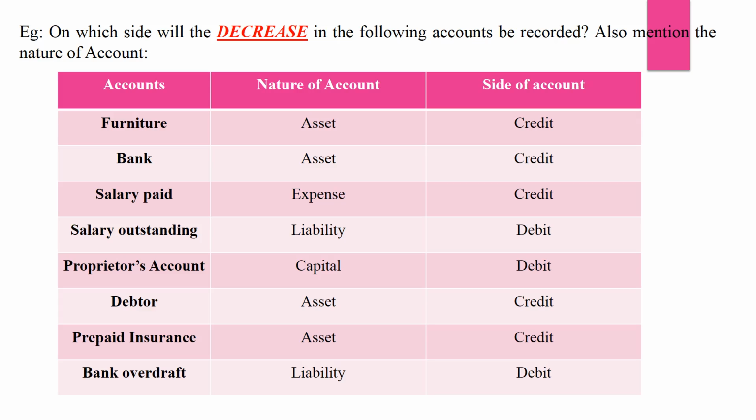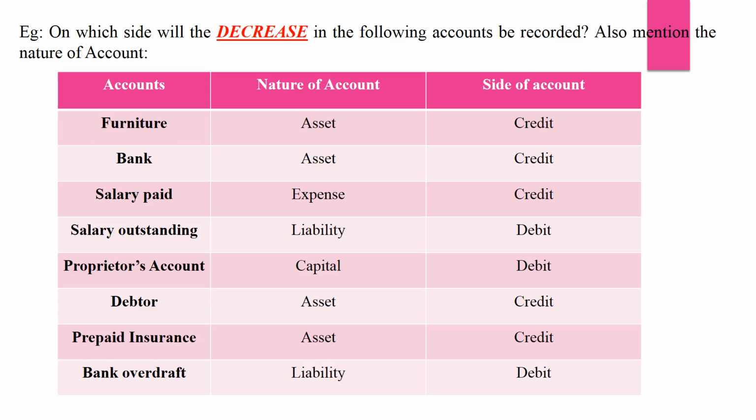Furniture is your asset, and decrease in asset will be recorded on the credit side. Bank is also your asset, and decrease in bank account will be recorded on the credit side. Next is salary paid. So for expenses, decrease will be recorded on the credit side of expenses account.